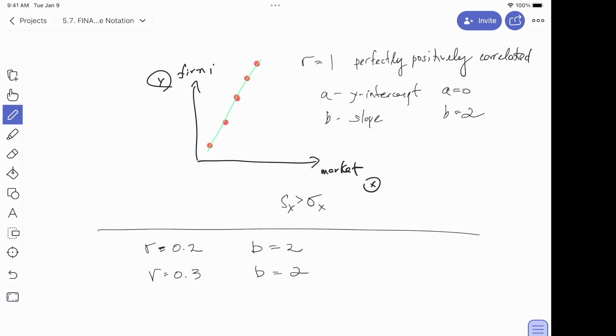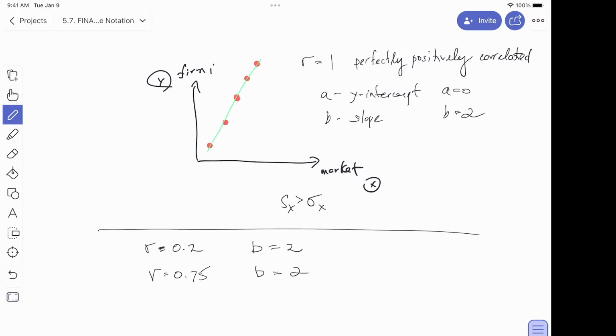I'm just going to keep using the slope of 2. So let's make this higher. An R closer to 1 makes that relationship more likely, right? Because it's saying that it's more consistently 2.